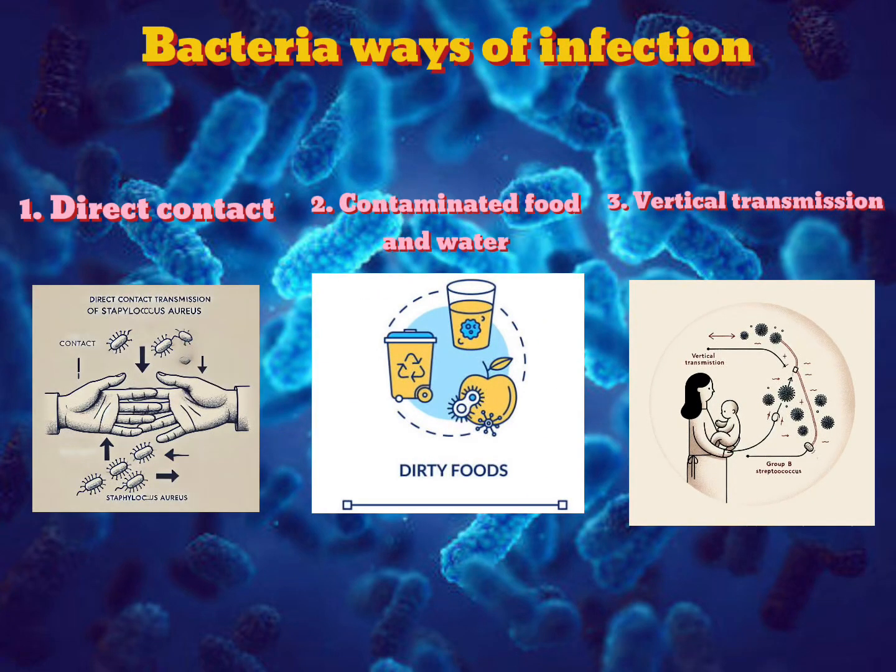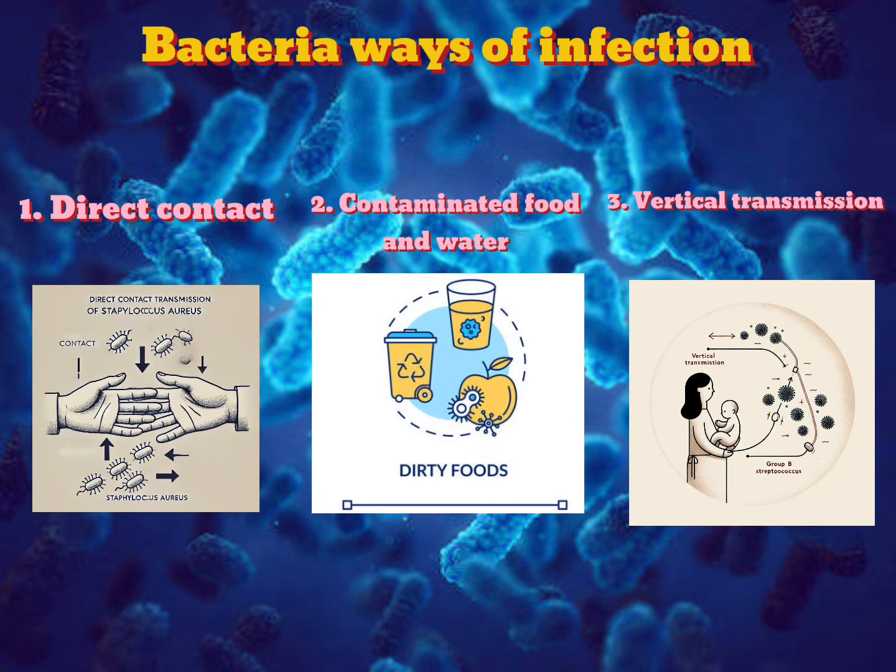And now we will talk about bacteria ways of infection. Number 1 is a direct contact. Bacteria spread through physical contact with an infected person, wind, or contaminated surface. Number 2 is the contaminated food and water. Bacteria enter the body through ingestion of contaminated food or water.